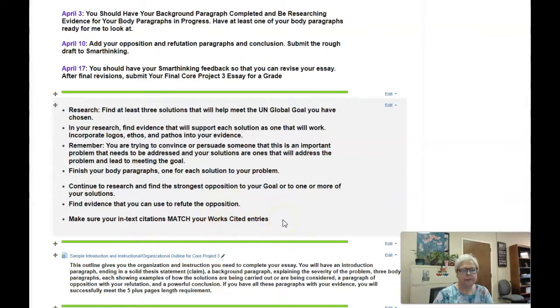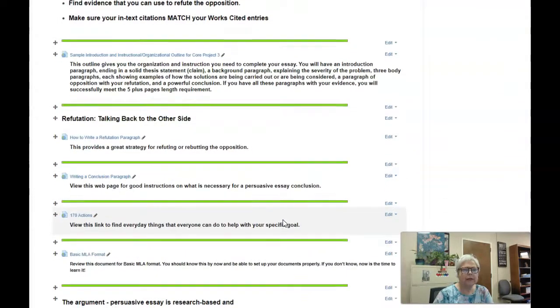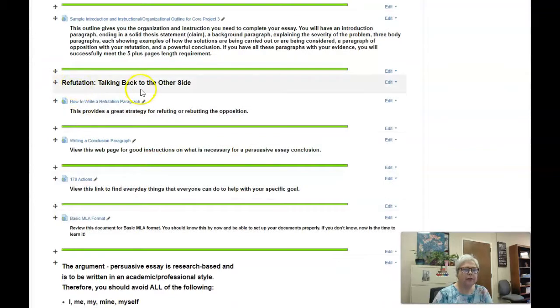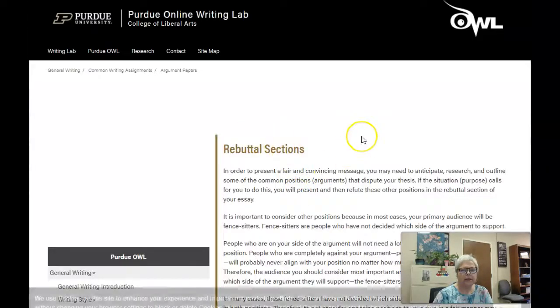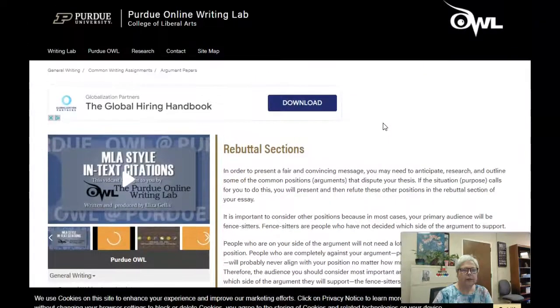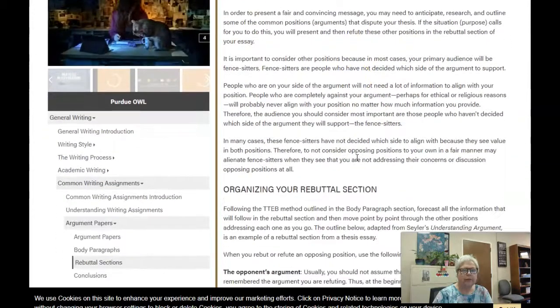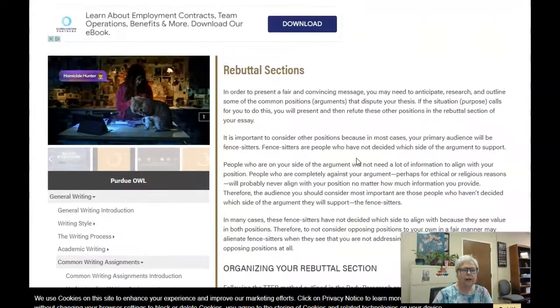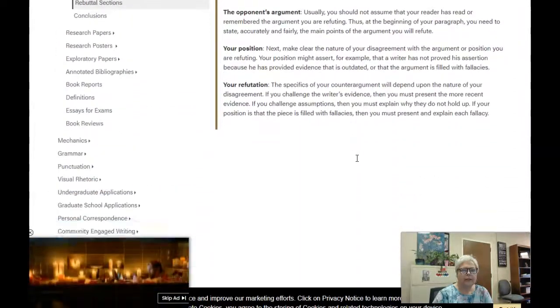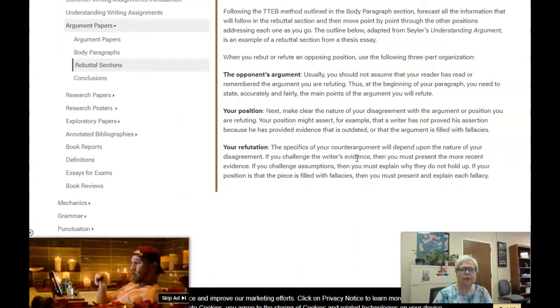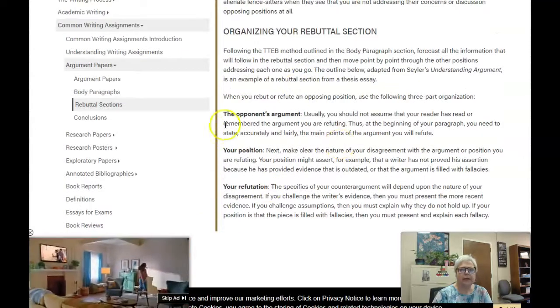And so there is information here. Refutation simply means talking back to the other side, the people who are against you. There's this link to click on, and from the Purdue Online Writing Lab, OWL, there is information here about doing the rebuttal, how it needs to be laid out, and what it needs to say.